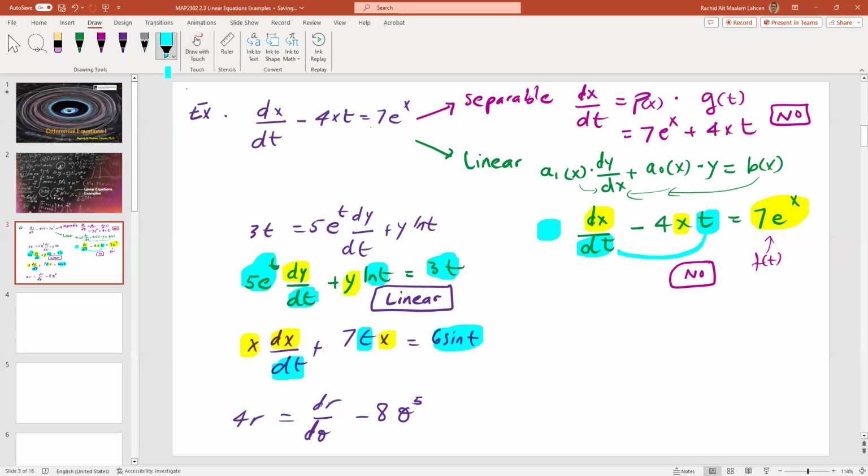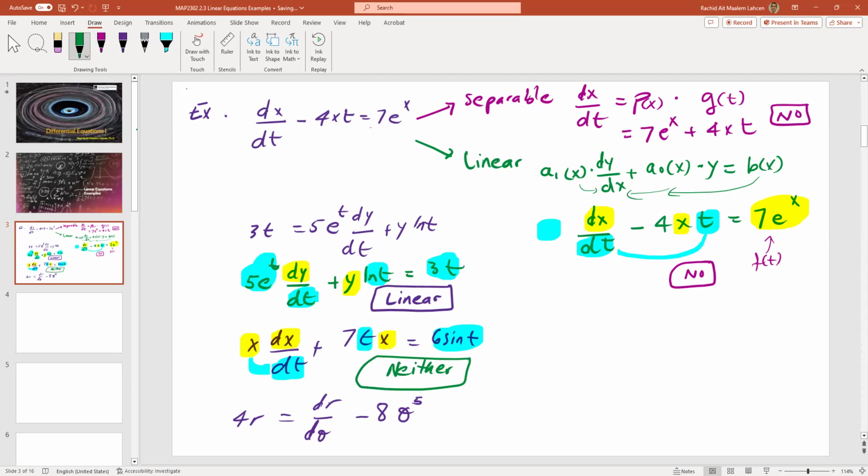So this is dependent on x, not t. So not linear. And of course, separable, you can check it's not. So let's just say that you can check separable, which doesn't look to be.